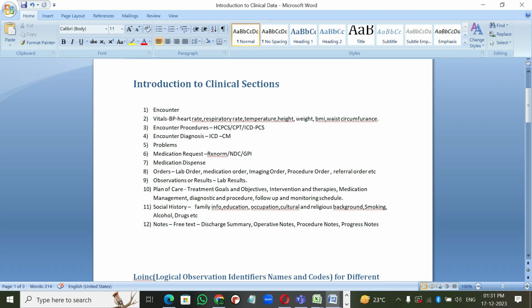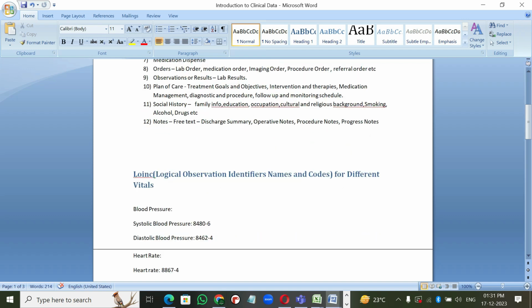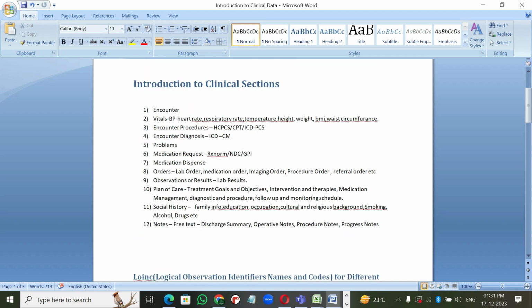So remember, LOINC is not just for vitals, it is also for lab observations. So basically, whatever results come back, like hemoglobin. So hemoglobin will have its own LOINC code, and then the value 11 or 12, whatever the value is, you know. All right.